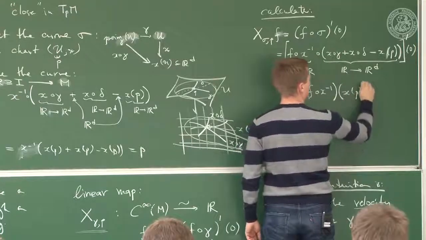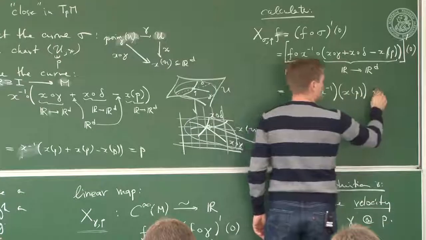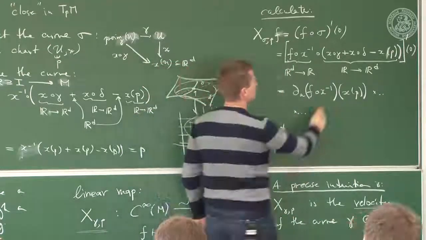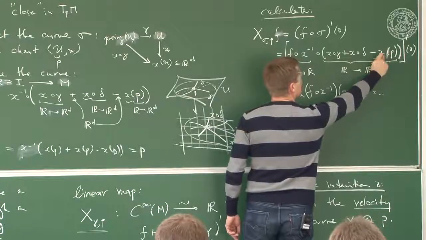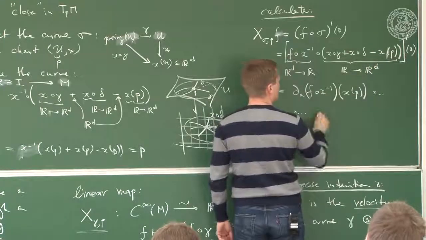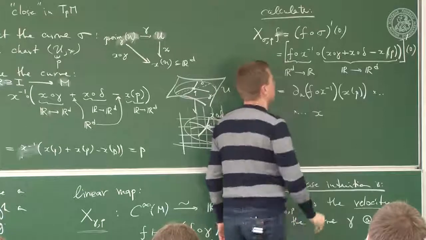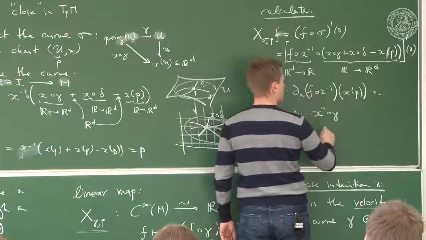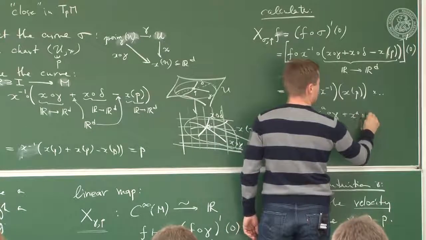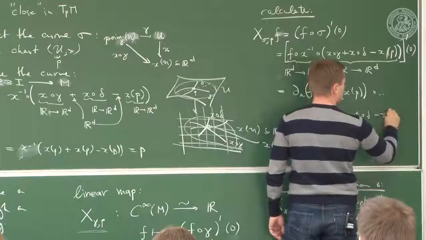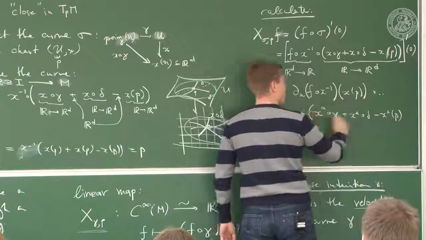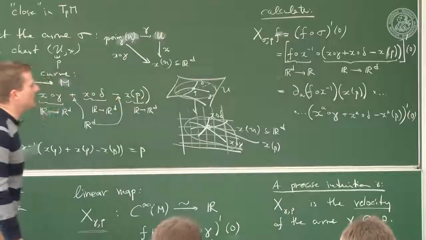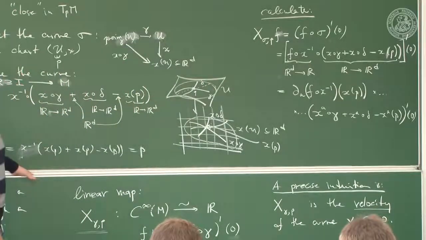That's, of course, x of P that we know. Times, so I need a new line, and times normal multiplication, the derivative of the a-th component here. But what is the a-th component? The a-th component is x^a after gamma plus x^a after delta minus x^a of P. Of this we take the derivative at parameter value 0. Okay?